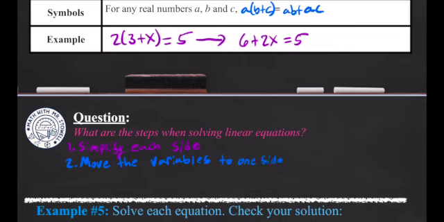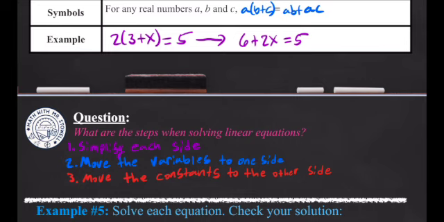Step 3, move the constants to the other side. Basically, we're going to move all the variables either to the left or to the right, whichever one makes the most sense, and then move the constant to the opposite side. Okay, so that we have them across from each other of the equals to sign.